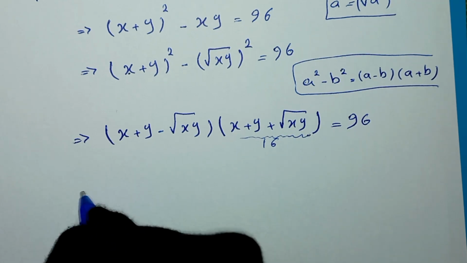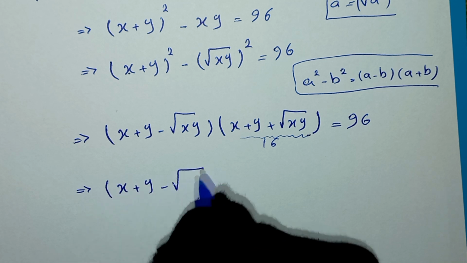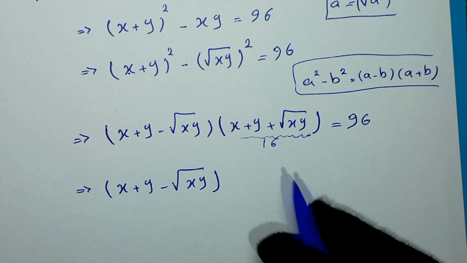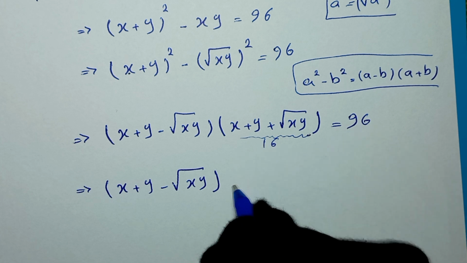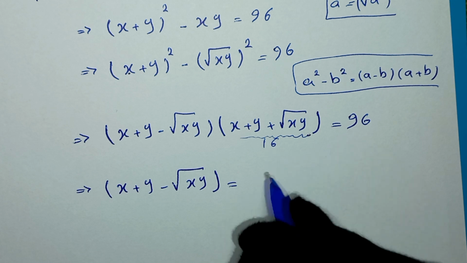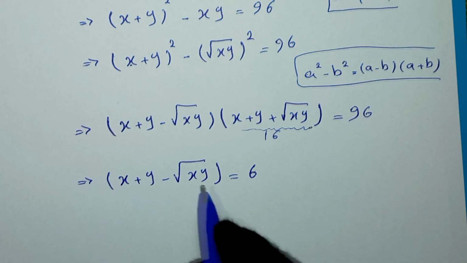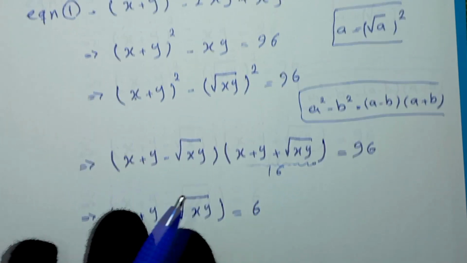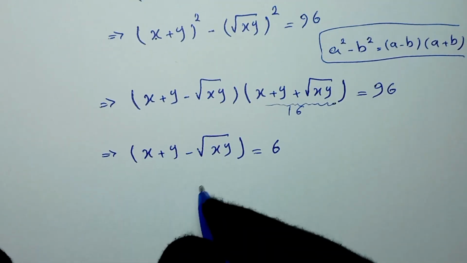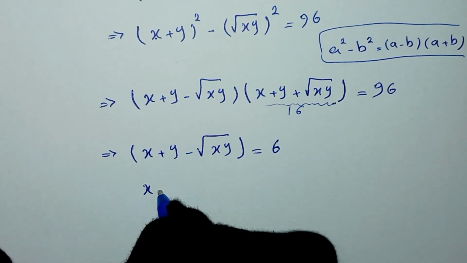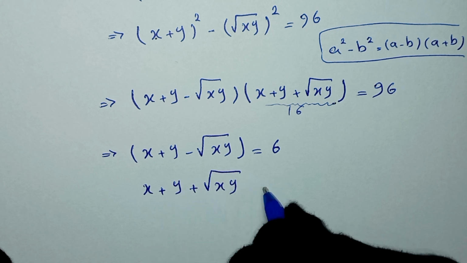So we write x plus y minus the square root of xy, and we take this to this side, it will be 96 over 16, and 96 over 16 is equal to 6. So we found this equation, and we can write equation number 2: x plus y plus the square root of xy is equal to 16.